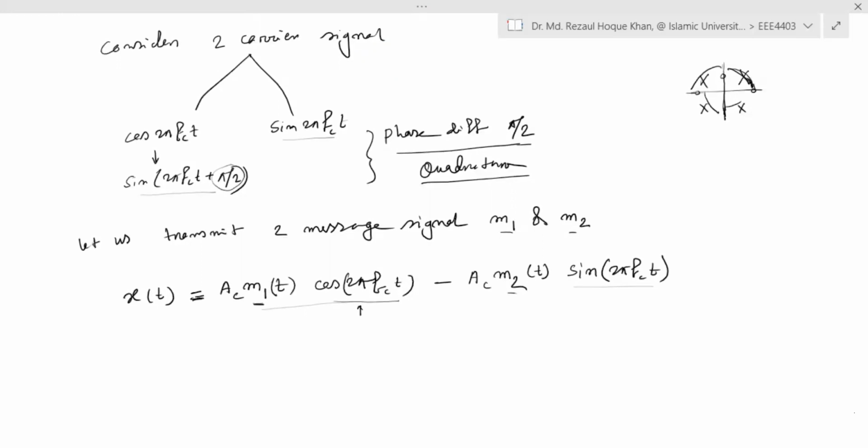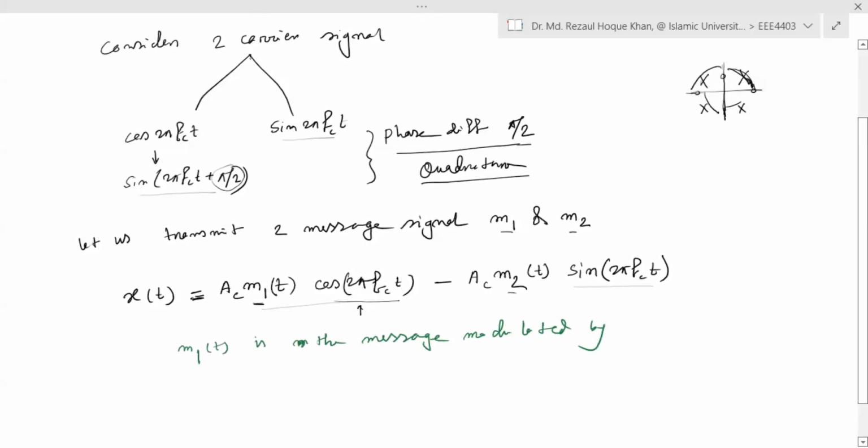So M1(t) is the message modulated by cos 2 pi fct, and M2(t) is the message modulated by sine 2 pi fct.